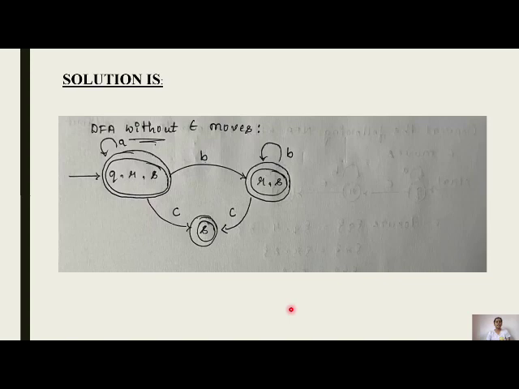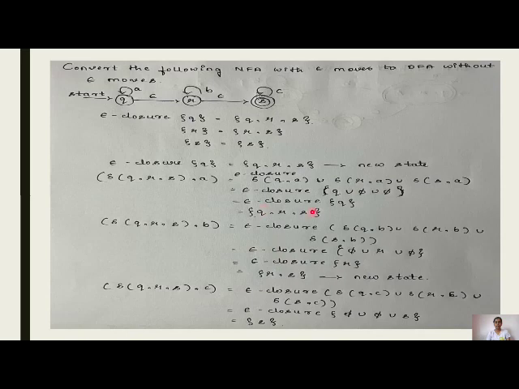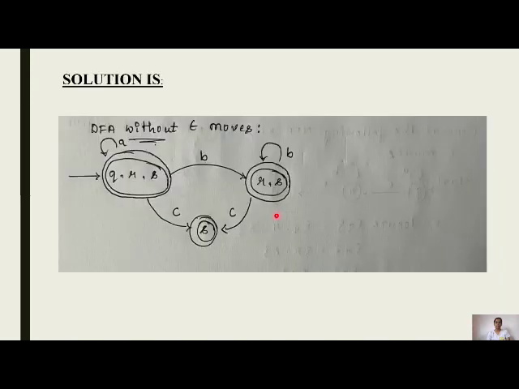We got the first new state as Q comma R comma S. So Q comma R comma S with input A, it is going to Q comma R comma S. So it is a self loop.